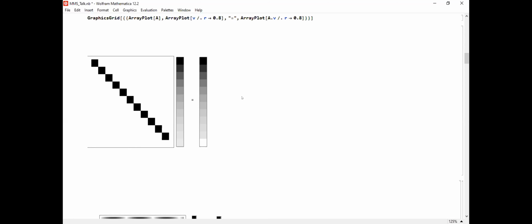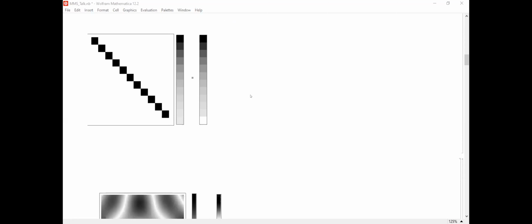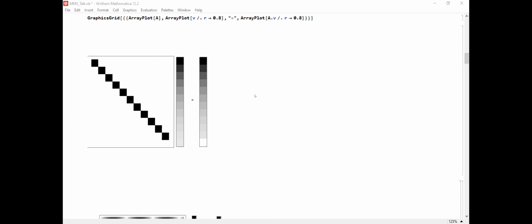Now, what do I mean by going to infinity? Well, we can go to infinity in two different ways. One way is to make these discrete changes in values here finer and finer.